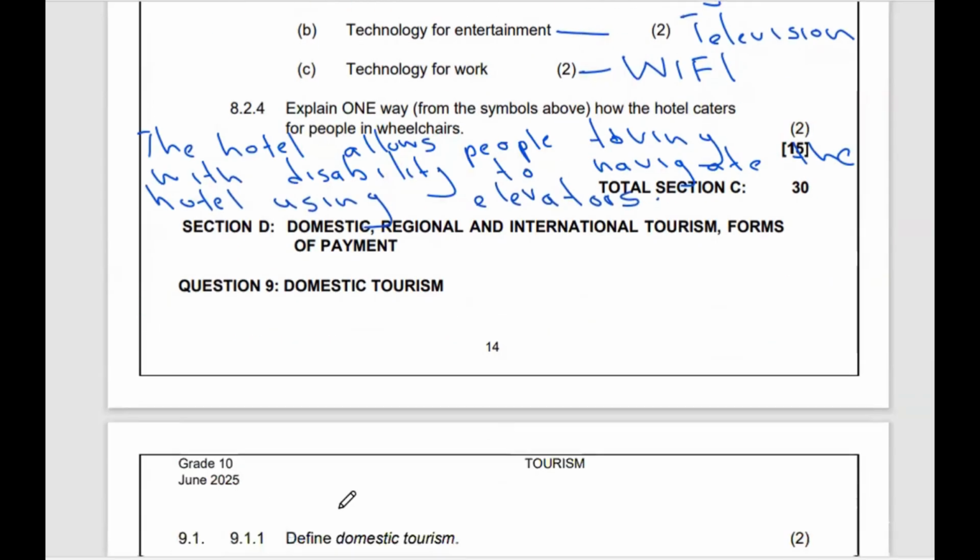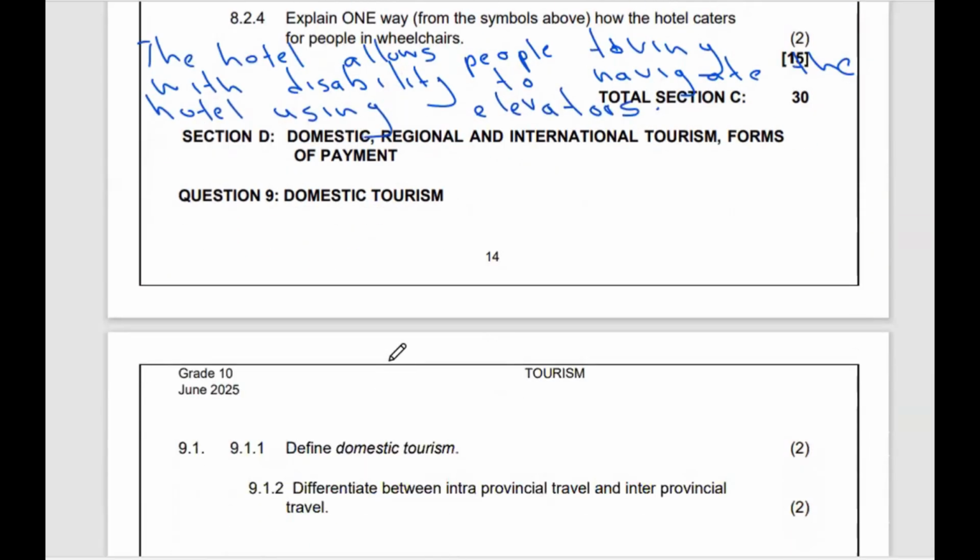Now, moving on to question number 9, domestic, regional, and international tourism forms of payment. So the subheading will be domestic tourism. Define the term domestic tourism.